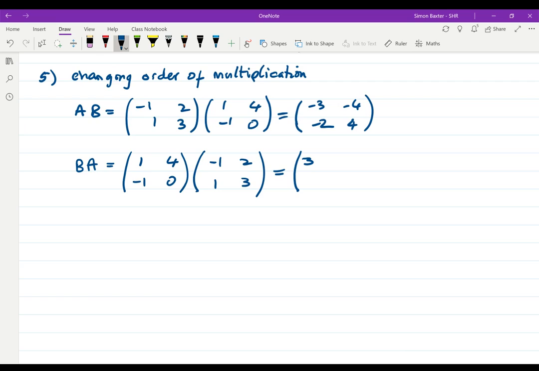We get 1 times 2 plus 4 times 3 is 14. Minus 1 times minus 1 plus 0 times 1 is 1. Minus 1 times 2 plus 0 times 3 is minus 2. So in general, we cannot say that AB is equal to BA. There will be some matrices where that works, but you cannot assume it by any means.